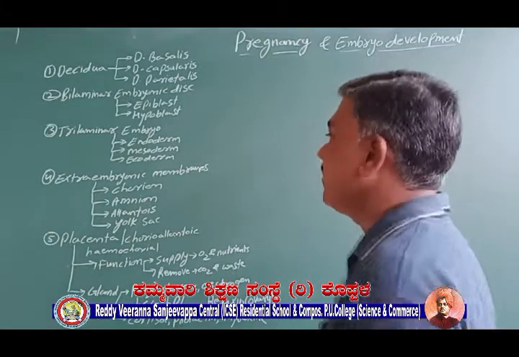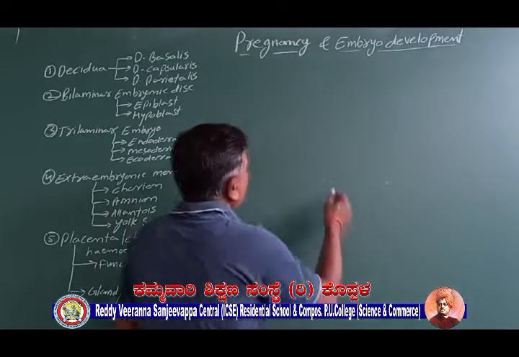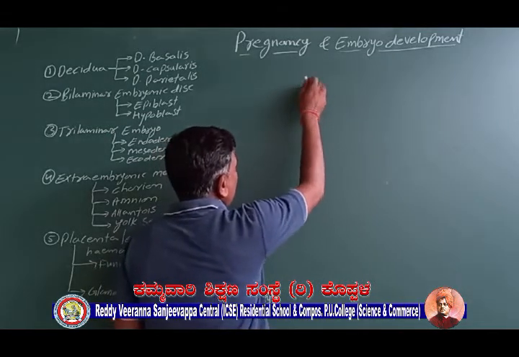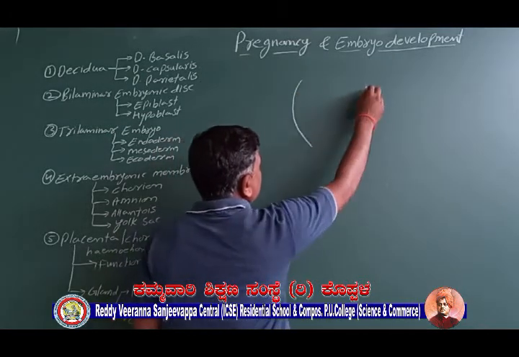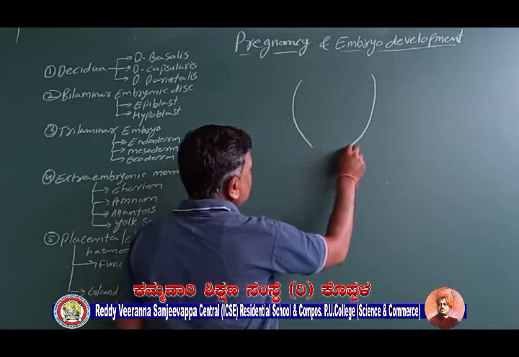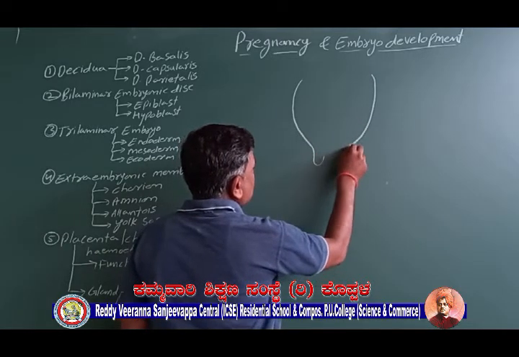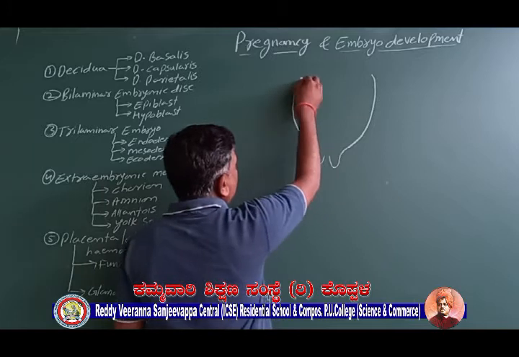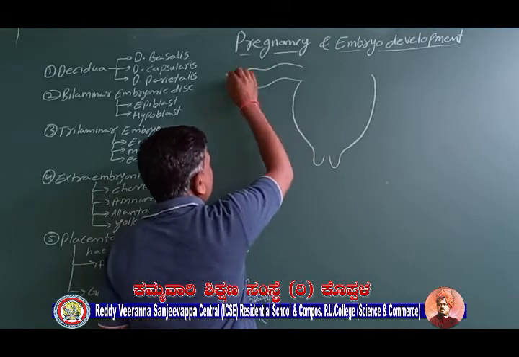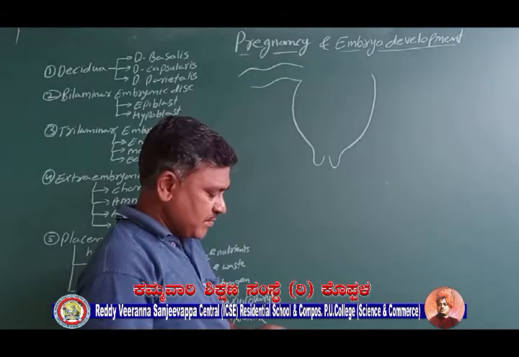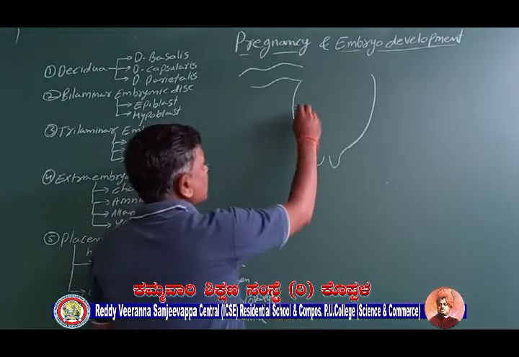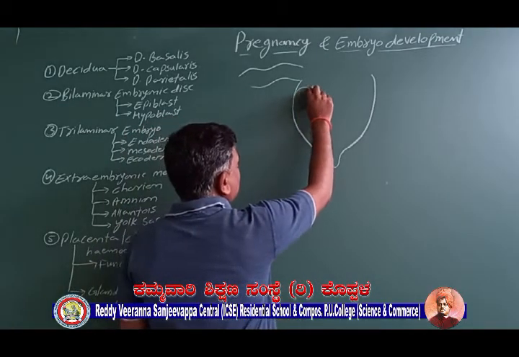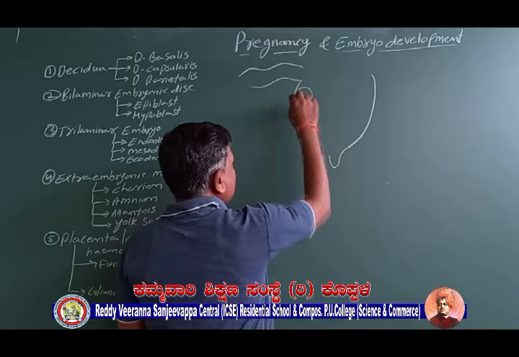That is, we already know there is a uterus, and in this uterus there is entry of the blastocyst. Now this blastocyst makes attachment with the endometrium.